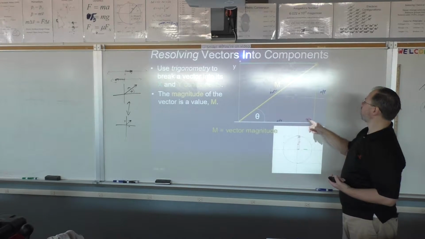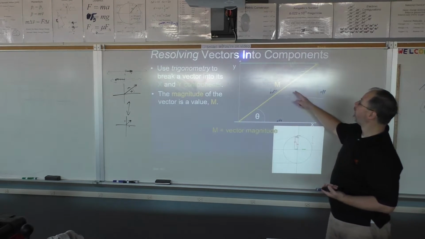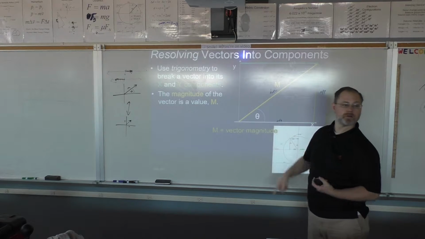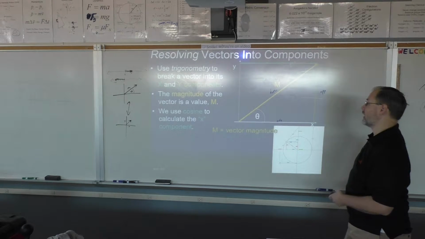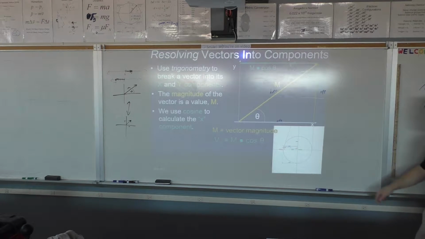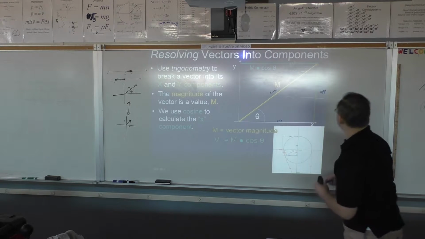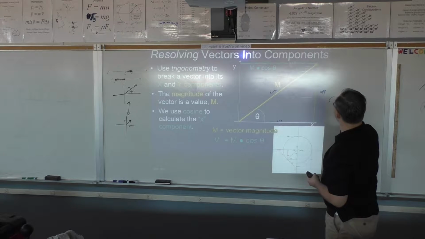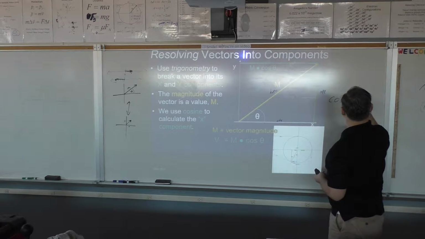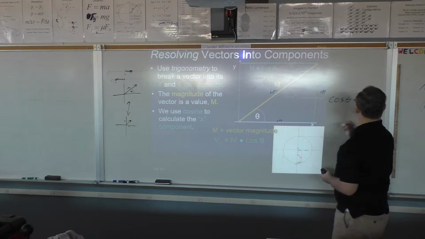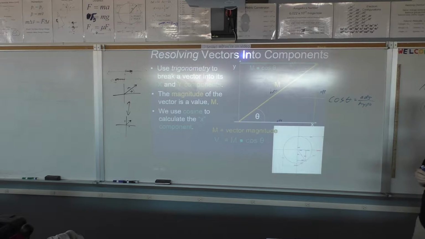Tangent is adjacent over hypotenuse, which you don't have. All we have is magnitude and angle. It's cosine, yeah. So remember that cosine of an angle is adjacent over hypotenuse. So you have cosine.